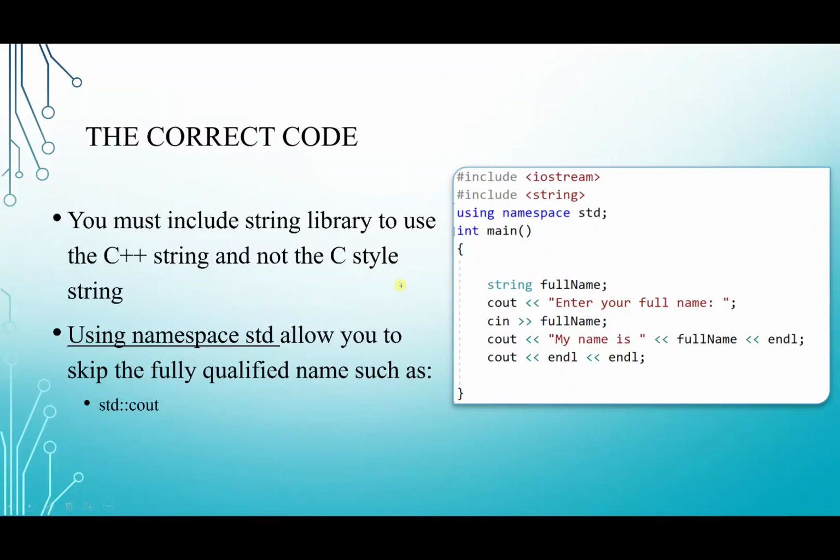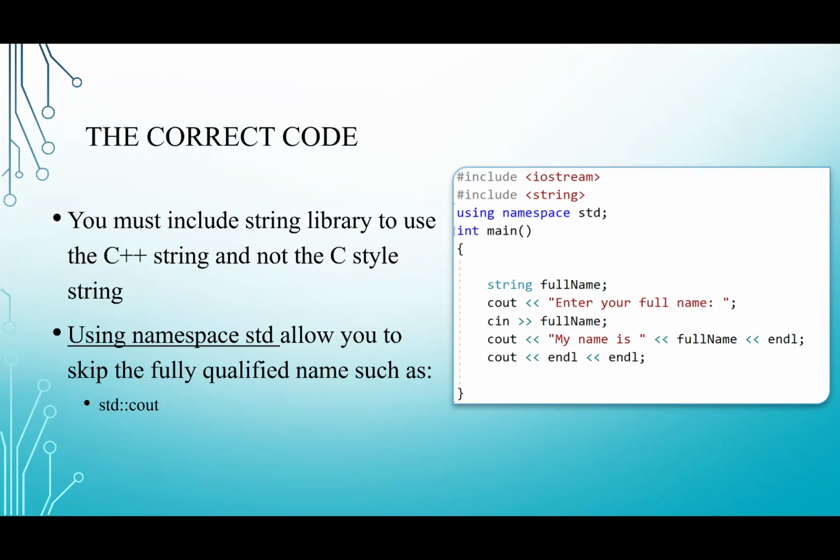The next slide says a few things that I just mentioned, that you must include the string library if you want to use a string. So if you're using string, it's always preferred that you include the string library. Sometimes, or most of the time, it's not going to work if it's used in a function other than main, or if it's used with pointers and these kinds of things.